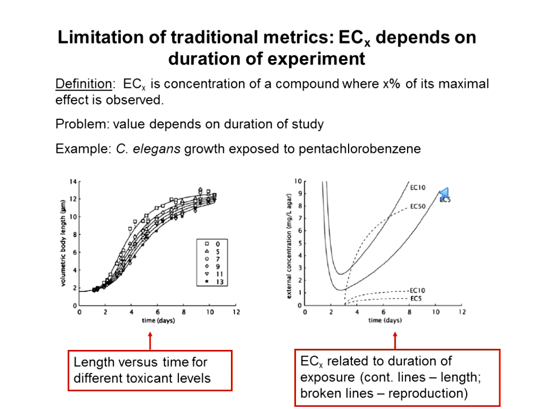And the take-home message is that the number you get is related to the duration of the exposure and to the metric and to the biological process, length or reproduction, that is being used. And since tests involve different organisms with different protocols, it's very hard to see what the ecological implication of any number in this particular picture is.